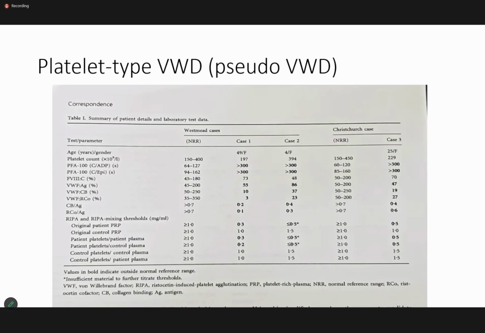What happened in these cases is that the tube having a problem is the tube which contains the patient platelets. Okay, this means that the problem is from the platelets, not from the plasma. From that, they did genetic testing and confirmed the diagnosis of platelet type von Willebrand disease. Okay, right.